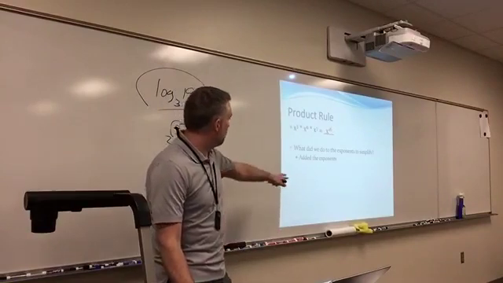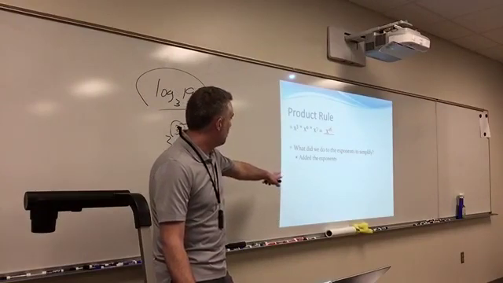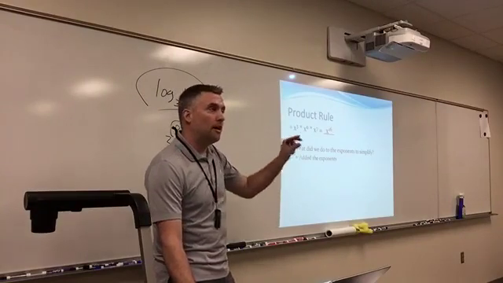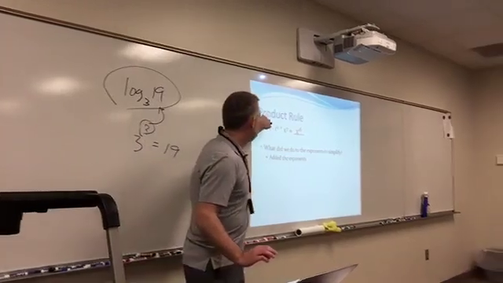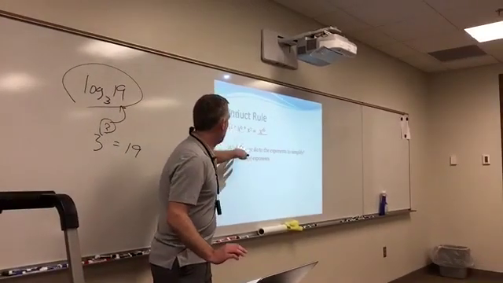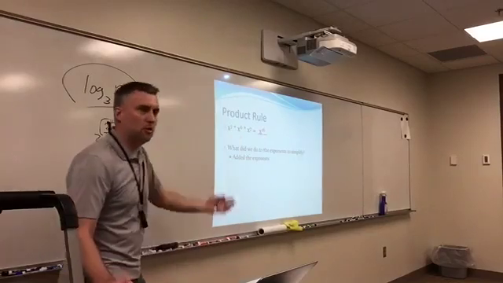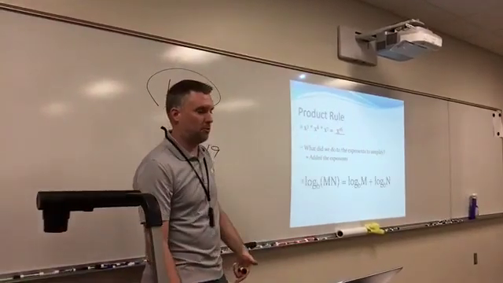Well, this is what the product rule then for logarithms looks like. Because remember, logarithms are exponents. So if there's some property called the product rule for exponents, then that same property is going to hold true for logarithms because logarithms are exponents.